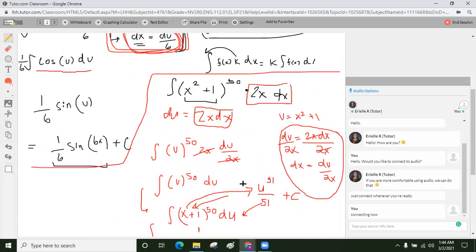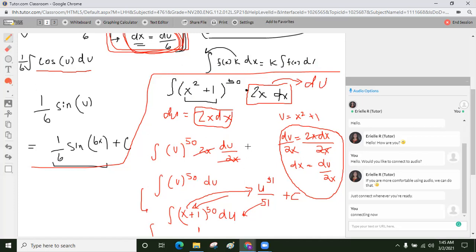So you can either do the method that you did, or you can just go ahead and replace this whole thing with du. It's the same thing, but both ways are preferable as long as it cancels out the 2x that you have right here.